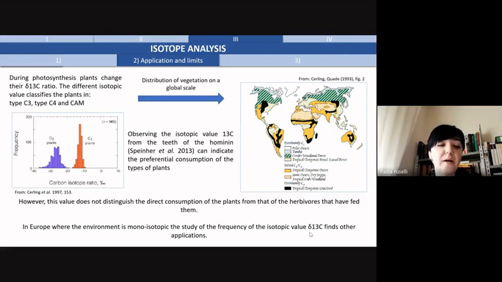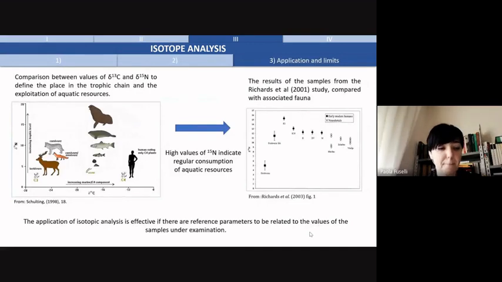In Europe, where the environment is monoisotopic, the study of the frequency of the isotopic delta C13 value finds other applications. Slide. For example, the study proposed by Richards et al. compared the value of carbon and nitrogen to establish the exploitation of a marine resource in ancient populations.